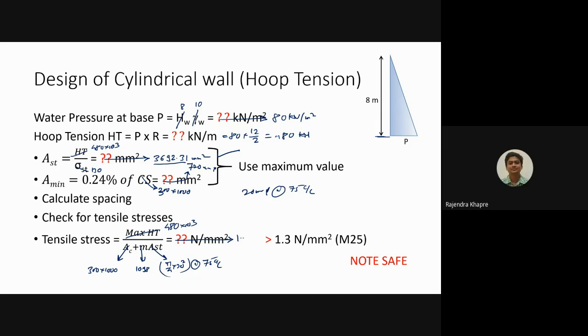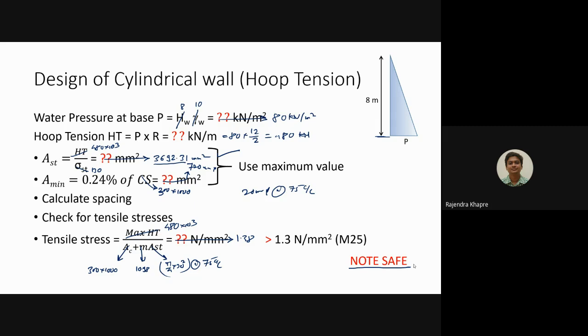Okay, so you see this is basically the value of actual stress in concrete, which is greater than the permissible stress in concrete in direct tension, which is 1.3 for M25 grade concrete. So basically what I'm trying to say is the wall thickness which we have assumed, that is 300 mm, is not at all safe as far as the hoop tension is concerned.